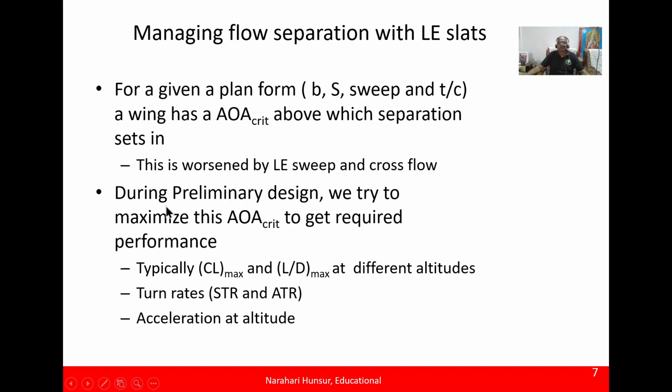So during preliminary design, we try to maximize this critical angle of attack to get the required performance. Typically, that's the maximum CL, maximum L by D at different altitudes, turn rates, sustained turn rate and attained turn rates, and also acceleration at altitude. So this is what is initially done in the preliminary design phase.